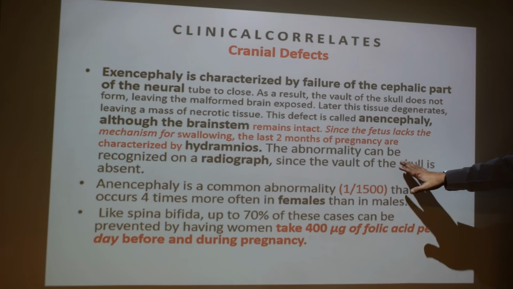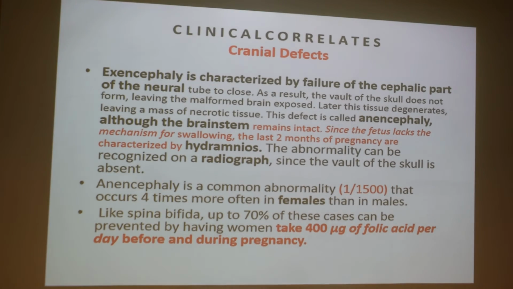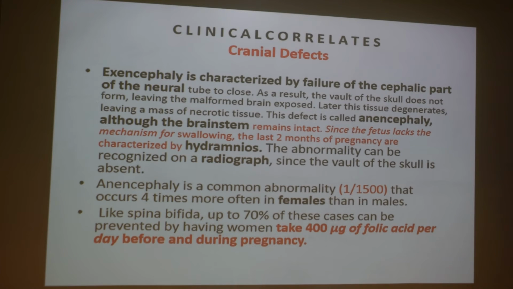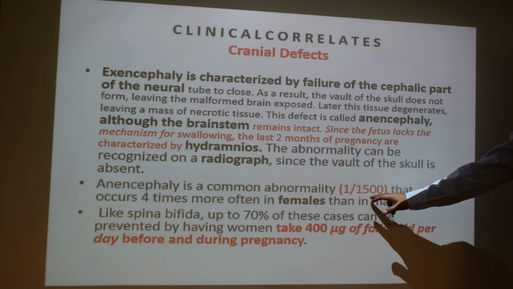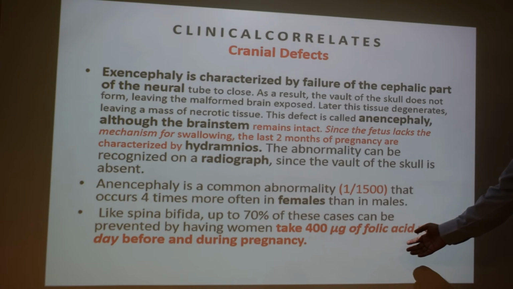The abnormality can be recognized on radiograph since the vault of the skull is absent. Anencephaly is a common abnormality, about 1 in 1500, and occurs 4 times more often in females than in males. And like spina bifida, it can be prevented by just giving 400 micrograms of folic acid.